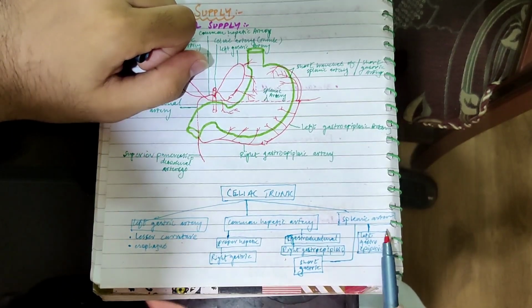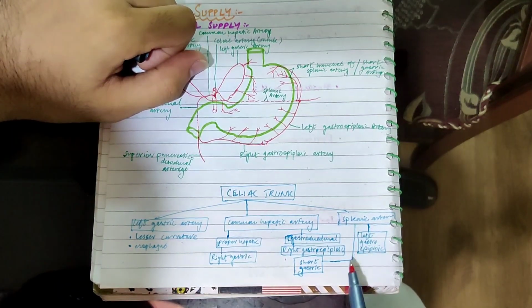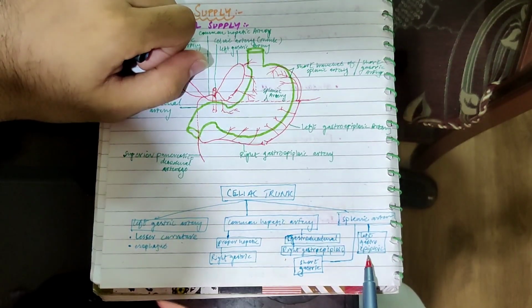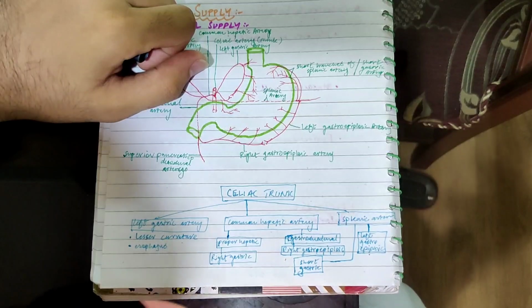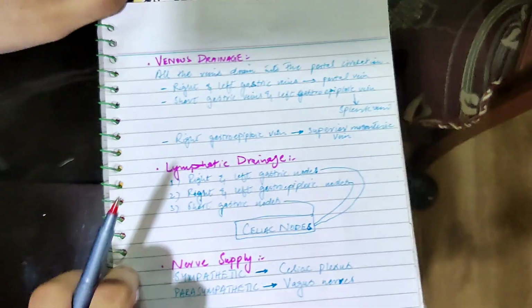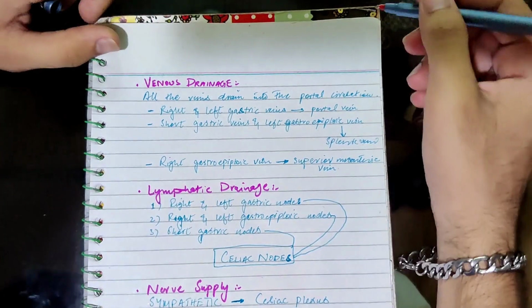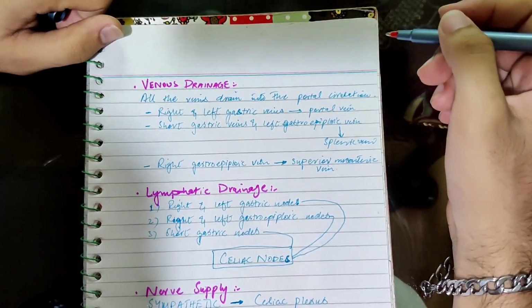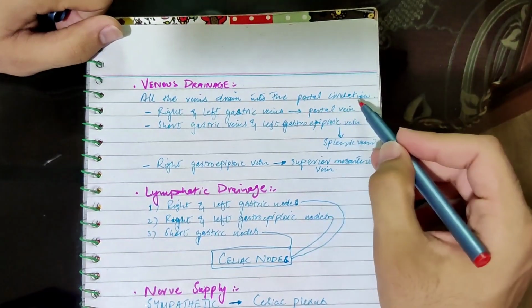Then the splenic artery divides into two branches. The first is the short gastric arteries, which supply the fundus, and the other is the left gastroepiploic artery, which also supplies the major portion of the greater curvature. Now we have the venous drainage. The venous drainage is very simple, and mainly the veins drain into the portal circulation.